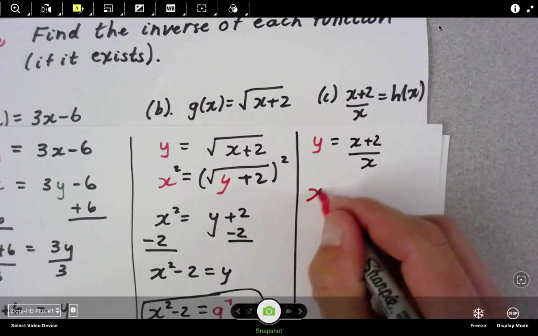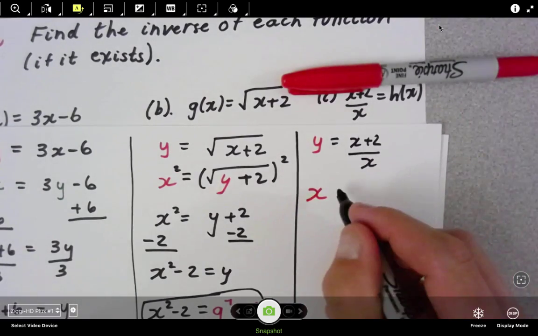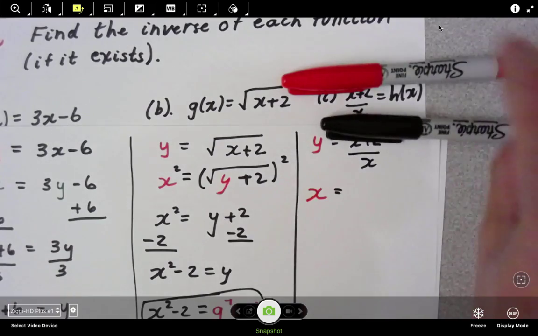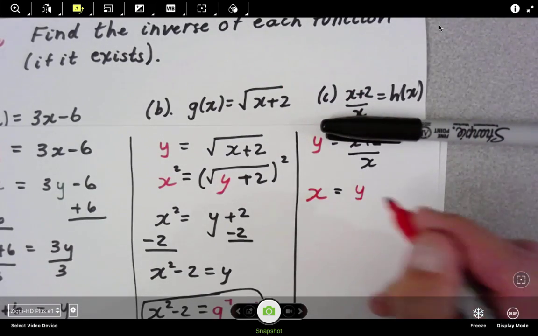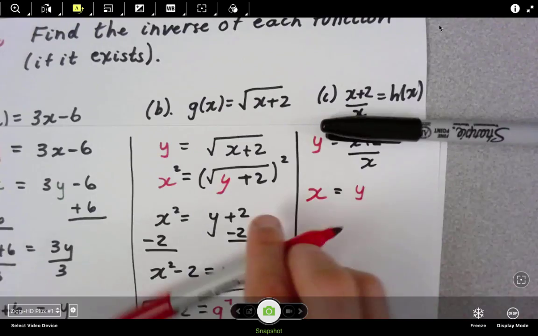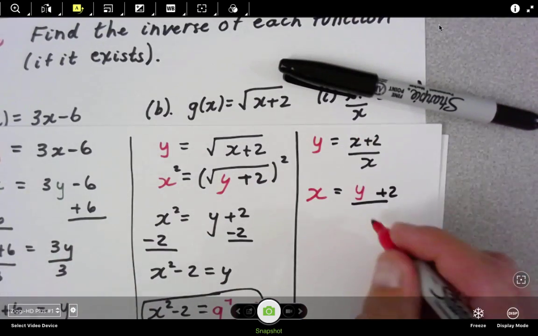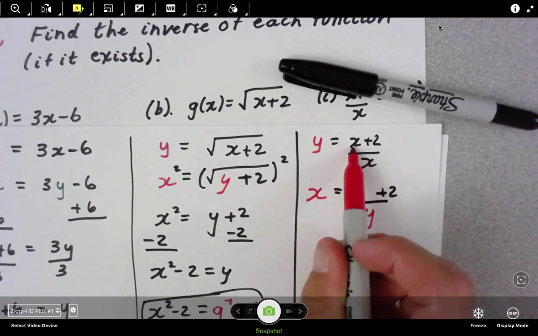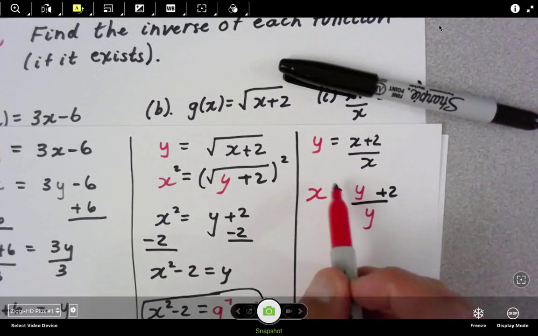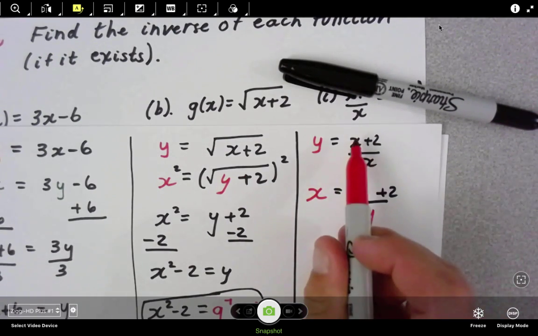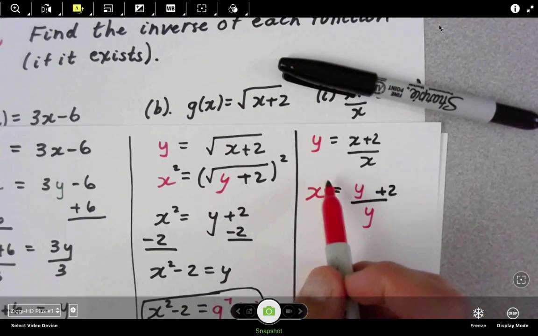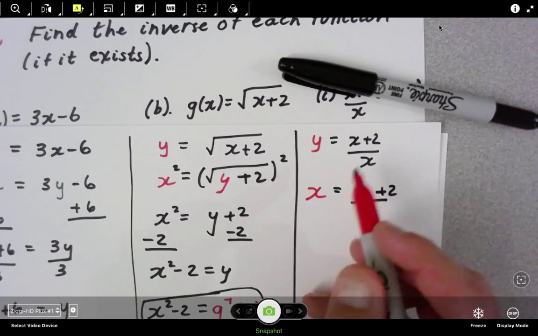So we have x equals, and now we've got to be really careful here. We're going to have y in the top and y in the bottom. So it's going to be y plus 2 over y. Notice how wherever there's an x, I replace it with y. So it's two y's there. It's not just one time. All the x's are replaced with y, and all the y's are replaced with x.